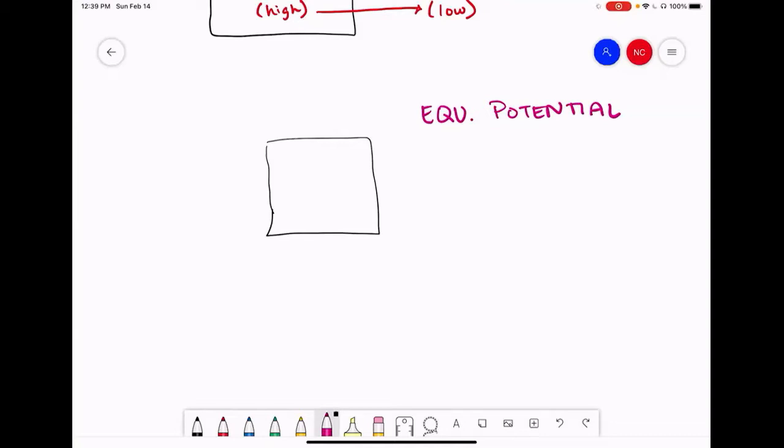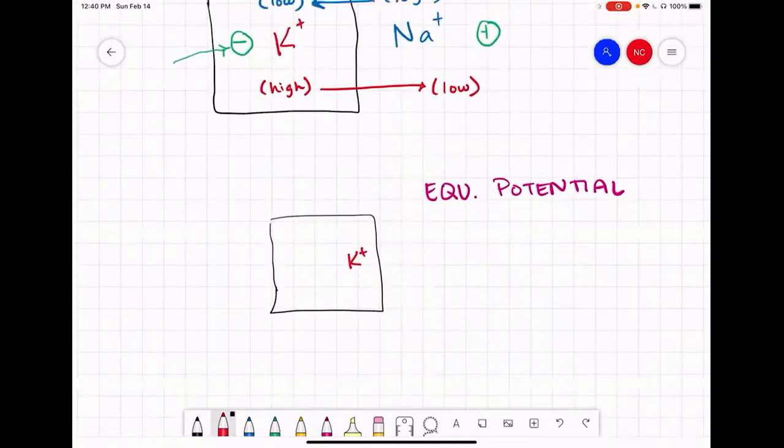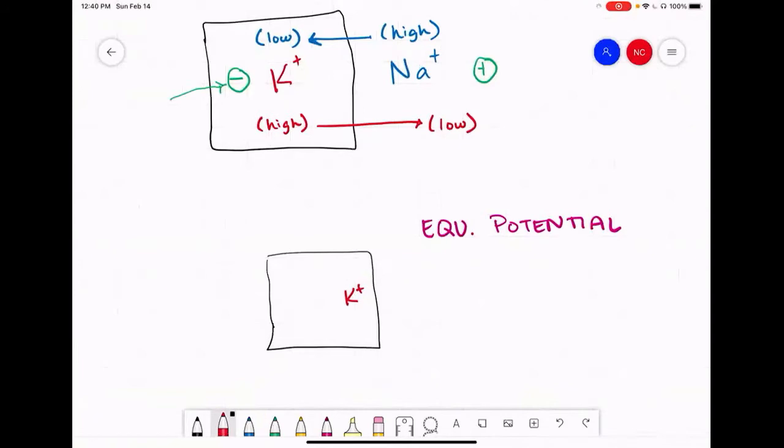There are two forces that are going to determine the movement of potassium in and out of the cell. Again, I'm going to use my red for my potassium. We know that it exists at high concentrations on the inside of the cell, low concentrations on the outside of the cell. This is going to create a concentration gradient.